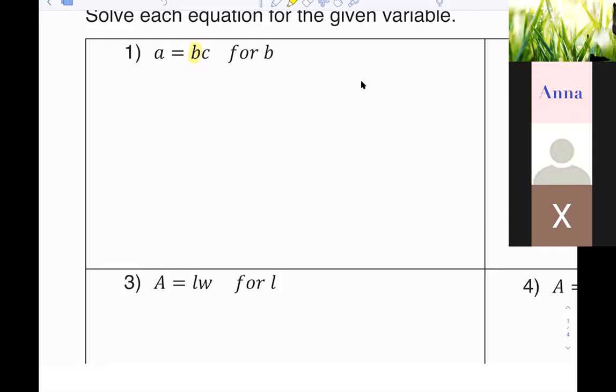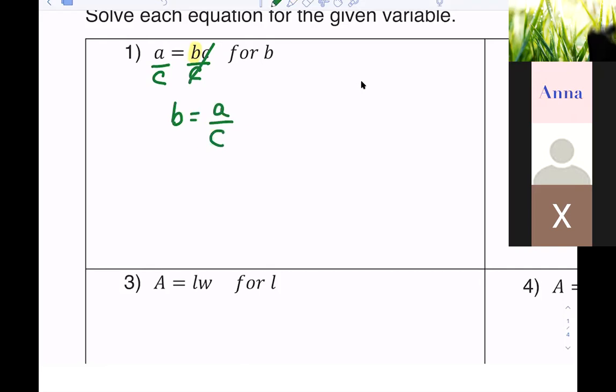And the rules are, if I'm trying to find b, I'm going to divide both sides by c. Divide both sides by c. That's what we're doing. Now, why is that important? Because that cancels out the c's, and b is isolated to what? A over c. So I want everybody to write b equals a over c.